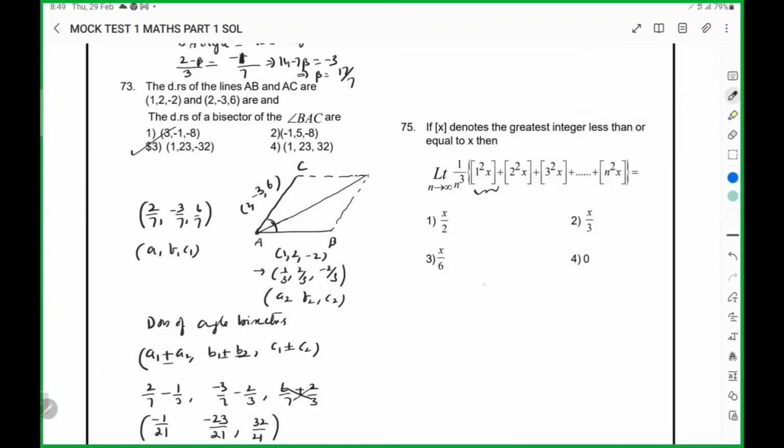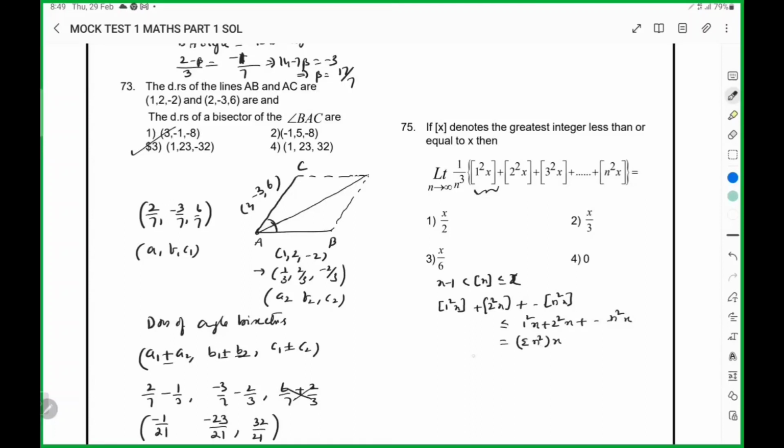Because the step value is there, the step of x lies between x minus 1 and x. So based on that, the step of 1 square x plus step of 2 square x, and so on up to step of n square x, will be less than or equal to 1 square x plus 2 square x up to n square x, which, taking x common, is x sigma n square.